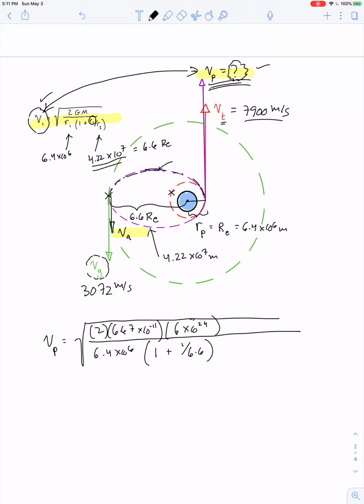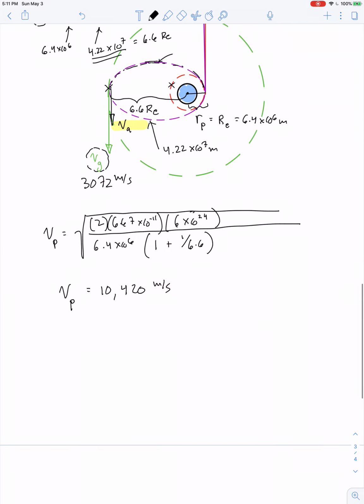Almost there. There it is. We get the speed is equal to about 10,420 meters per second. Now notice something about that. Just like we suspected, that falls somewhere within the range, greater than 7,900, but less than 11,200. So this would be the speed of a treetop orbit, and this, of course, would be escape velocity. So that's a reasonable answer.